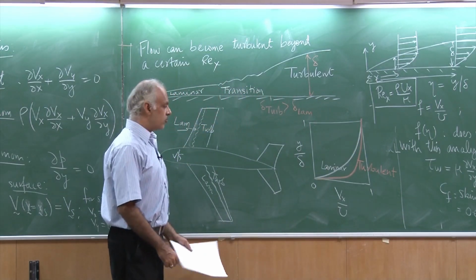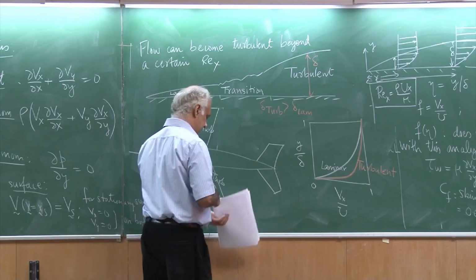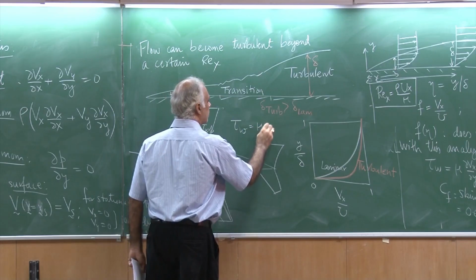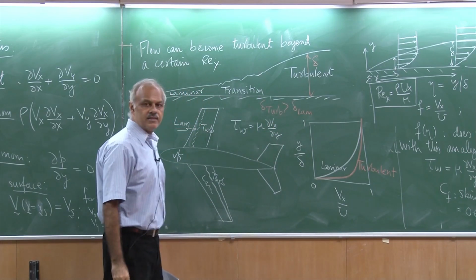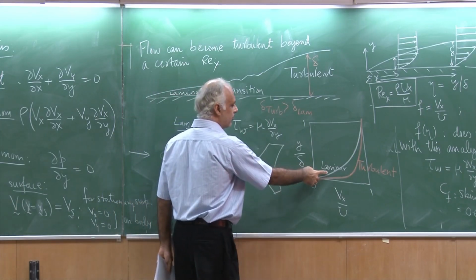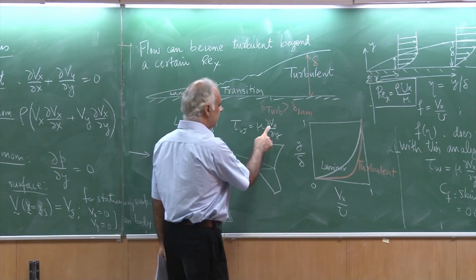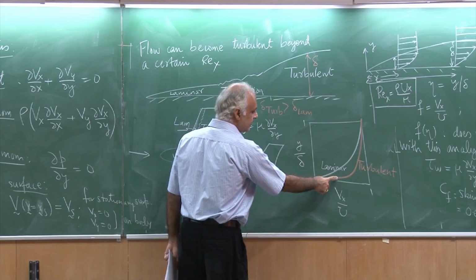Okay. So right away you can see that if I looked at the skin friction, which is mu del Vx by del y, then mu of course is same whether the flow is laminar or turbulent, that's the viscosity of the fluid. But the del Vx by del y, the velocity gradient, is much larger for the turbulent flow.